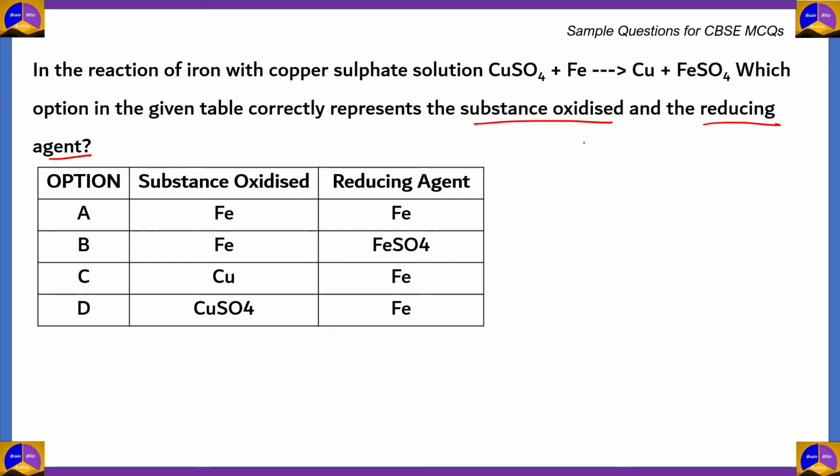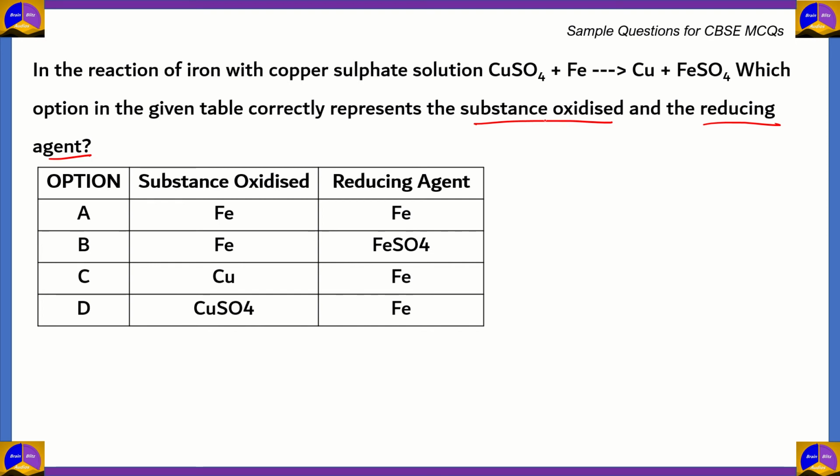Well, for this particular question, the trick is to understand the correct option here. We need to understand the parts of the reaction, that is substance oxidized and reducing agent.